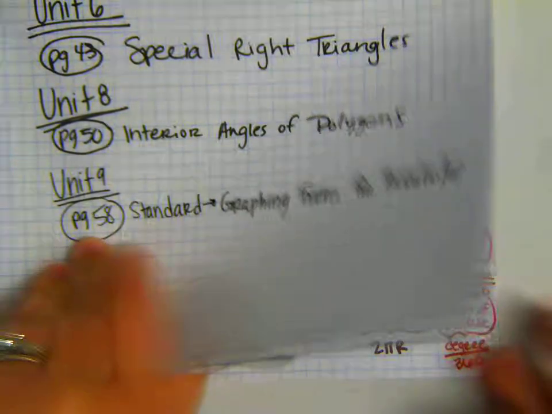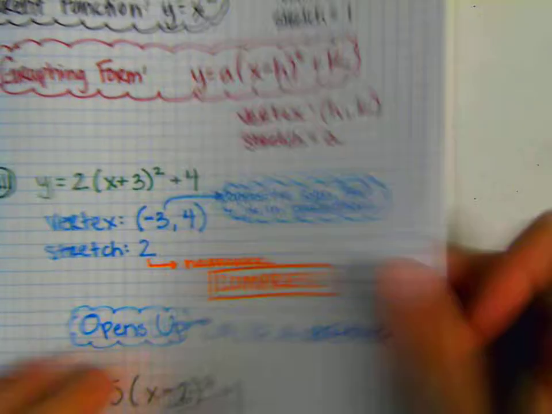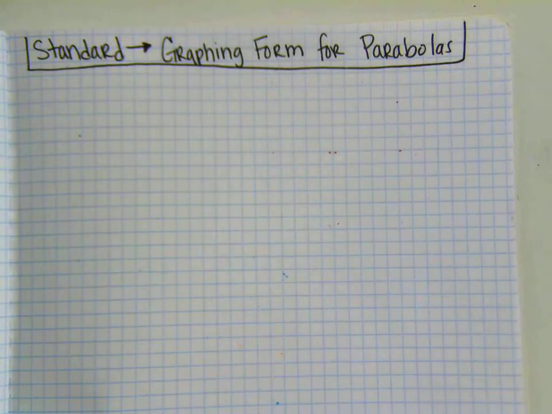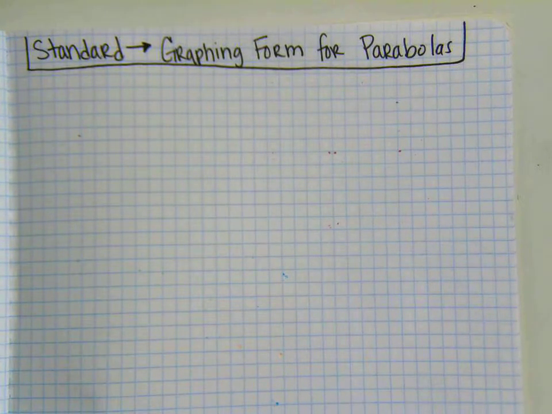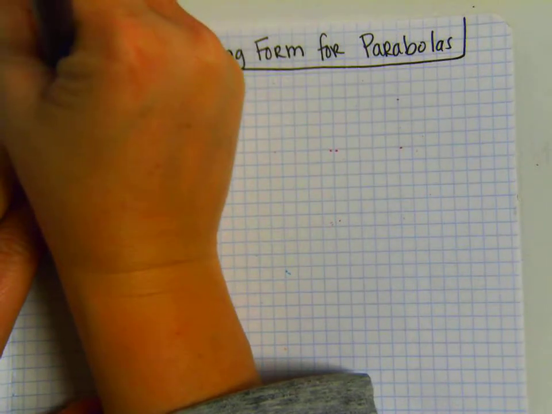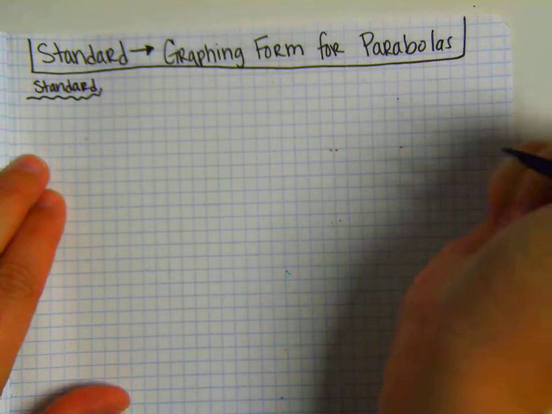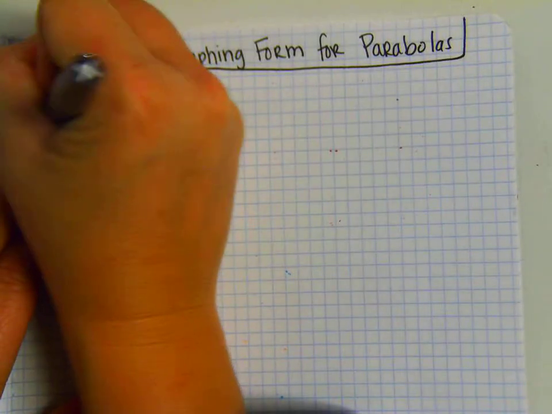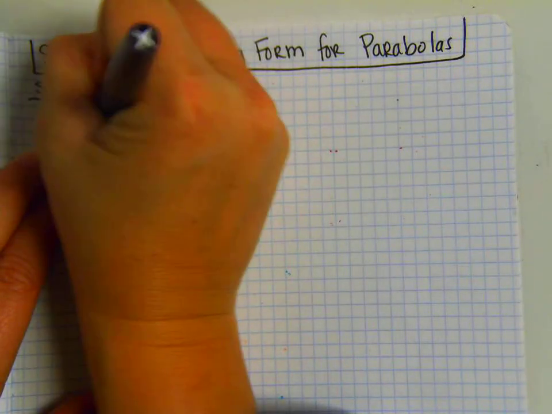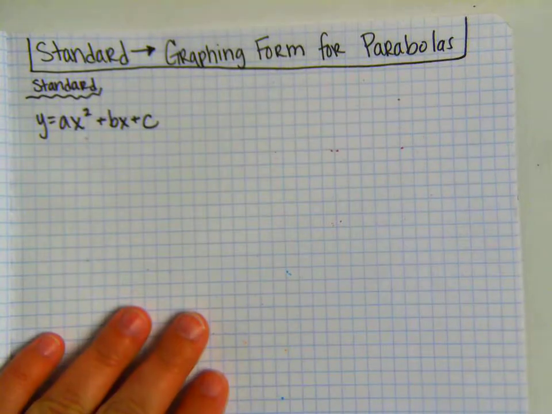Okay, so let's go ahead and start with what standard form is and what we're going to be putting it into. So, standard form of a quadratic. Standard form is y equals ax squared plus bx plus c, which we've been working with for a really long time now.